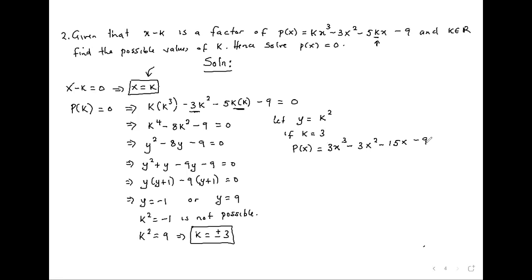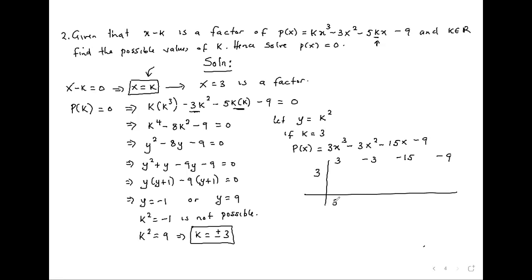We haven't forgotten that x minus k is a factor, and we have used 3, so 3 is a factor. So we can use synthetic division. I will just write the coefficients: 3, negative 3, negative 15, negative 9.